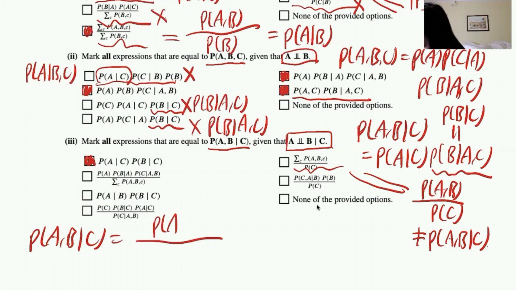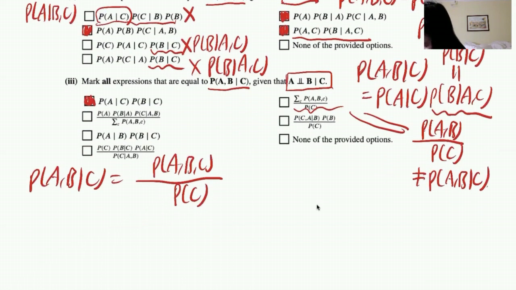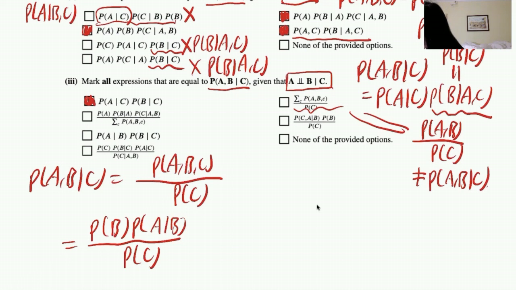It should be the probability of ABC divided by the probability of C. So it should be the probability of B times the probability of A given B and the probability of C given AB.